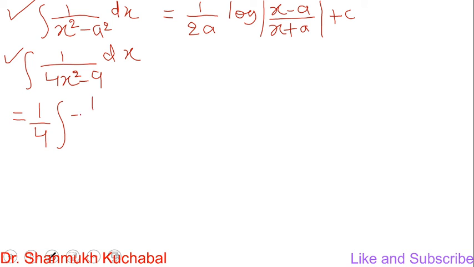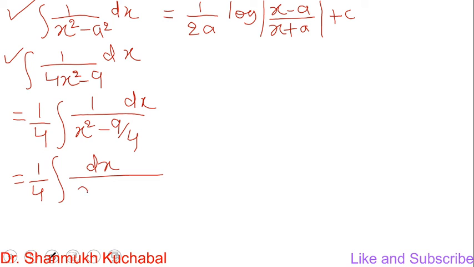So we get 1 divided by x square minus 9 divided by 4 into dx. 1 divided by 4 as it is, dx divided by x square minus 9 by 4, which is 3 by 2 whole square. So now it is in a standard form.